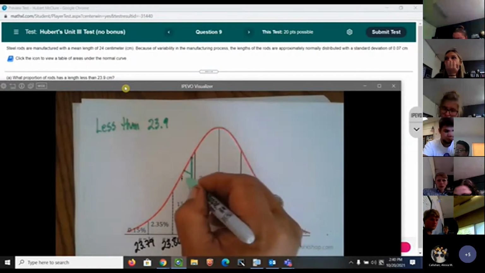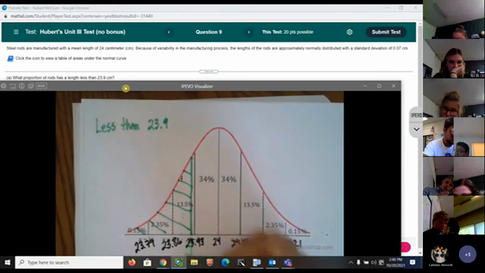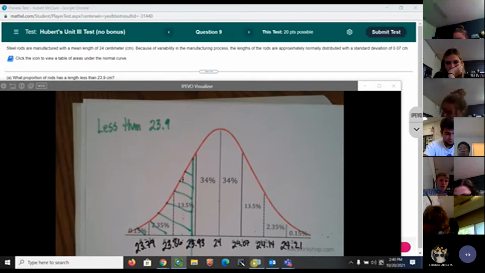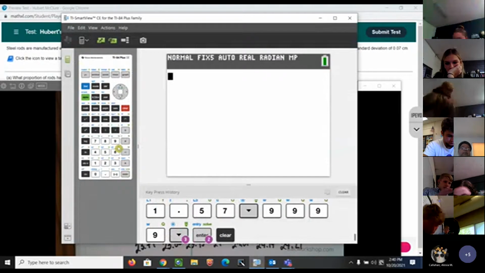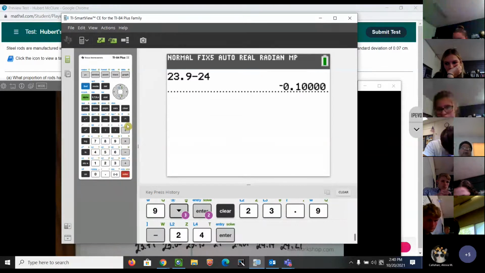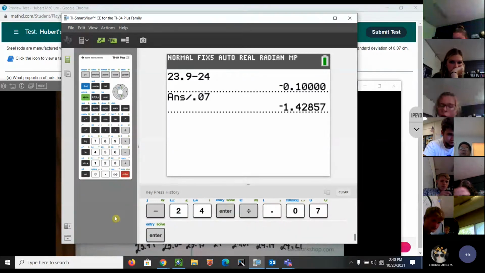Well, 23.9 minus 24 over 0.07. I'm going to do that on the calculator. So clear. 23.9 minus 24 divided by 0.07. Negative 1.43.